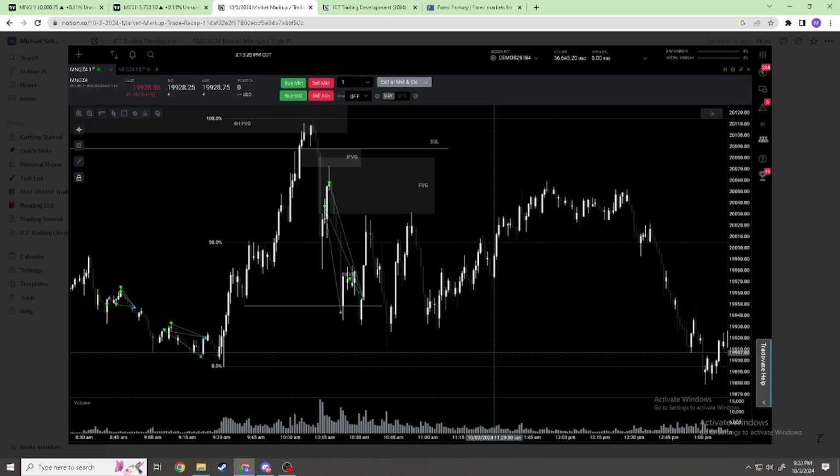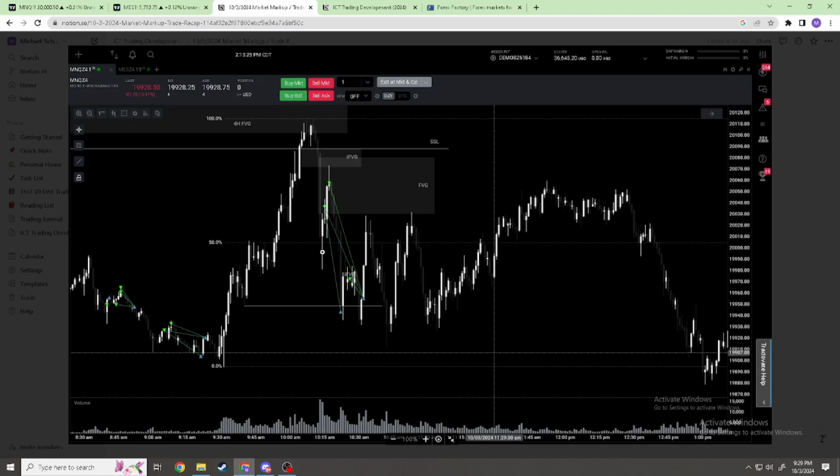We're looking for respect and disrespect of certain PD arrays. So here we form this inversion fair value gap, which is a BISI, and that is a fair value gap that gets disrespected by bearish order flow on a bullish uptrend, you could say, per se.